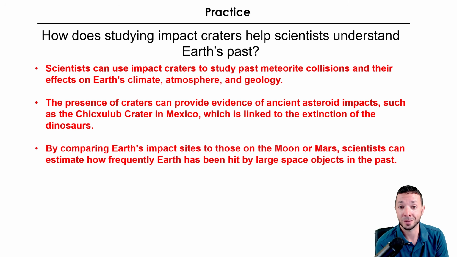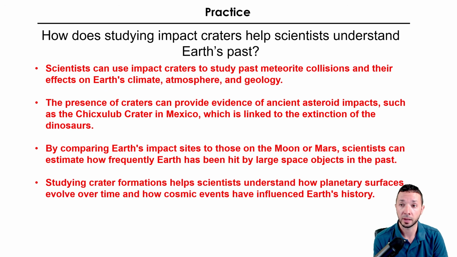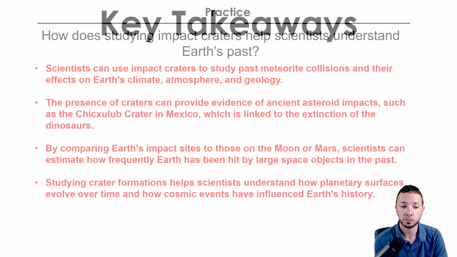By comparing Earth's impact sites to those on the Moon and Mars, we can estimate how frequently the Earth has been hit by large space objects just using probability and statistics. Another thing is that crater formations help scientists understand how planetary surfaces evolve over time and how cosmic events have influenced Earth's history over a long period of time. Any of these answers are going to be good.